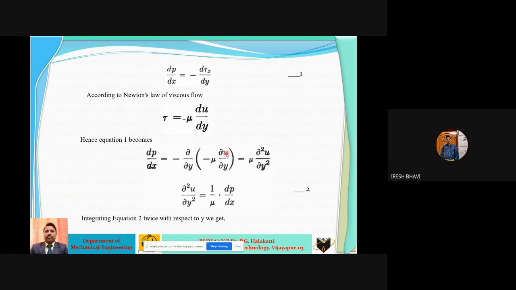So minus minus becomes plus. Now d by dy of du by dy is d square u by dy square, so mu into d square u by dy square. If you send this mu to the other side, it will become d square u by dy square is equal to 1 by mu into dP by dx. Let us call this equation 2.